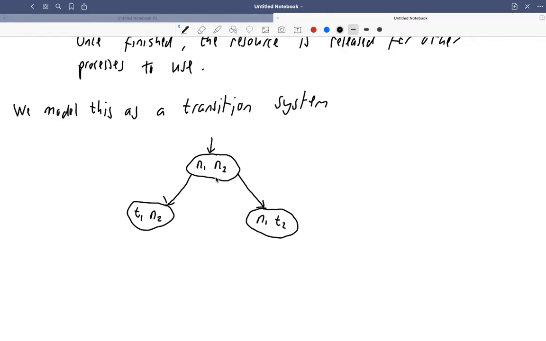It may be the case that both processes try for the resource, so we could have another arrow to a process T1 T2, or we may assume that no two processes ever act absolutely simultaneously as each other.